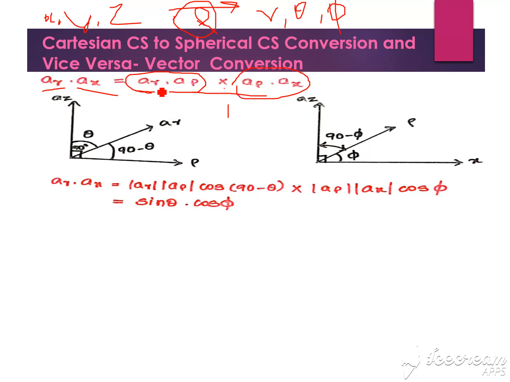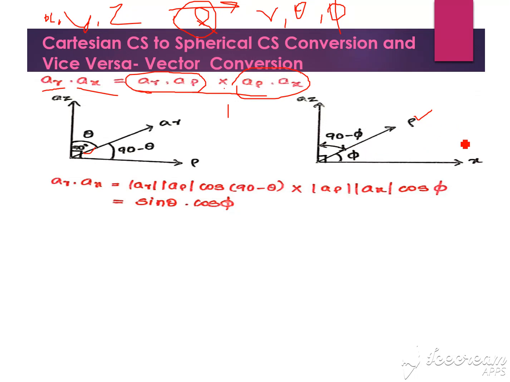Now we need to find the value of AR dot A rho. Already we know the angle between rho and Z in the cylindrical coordinate system is 90. Now we need the angle between AR and A rho.